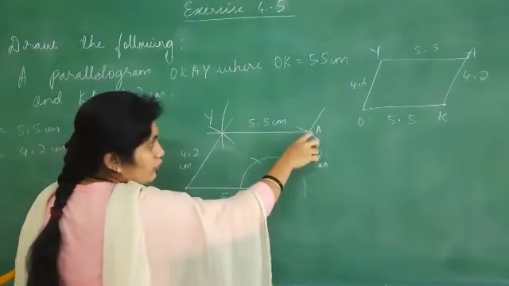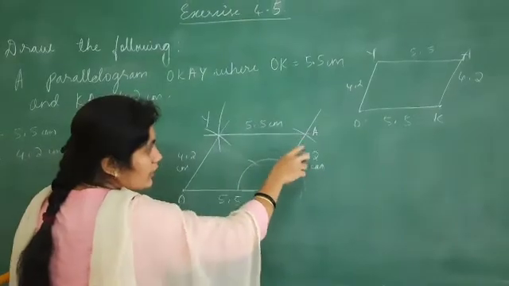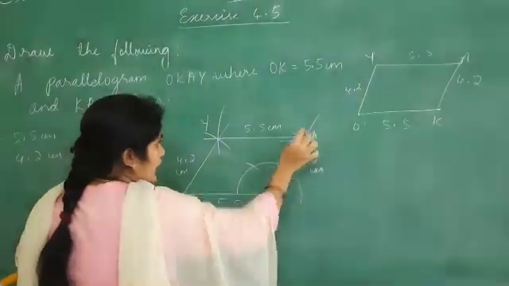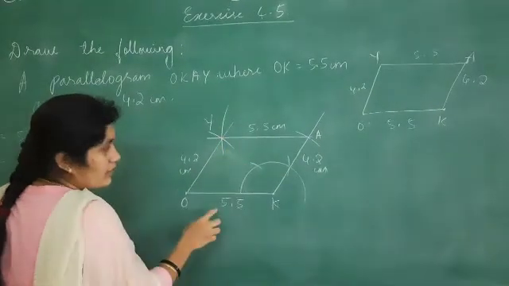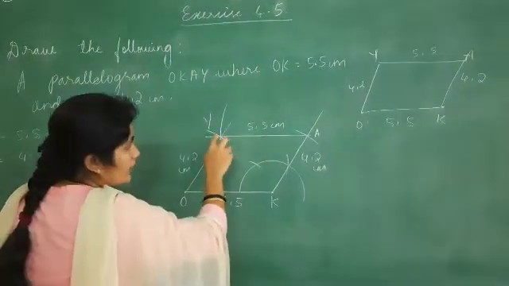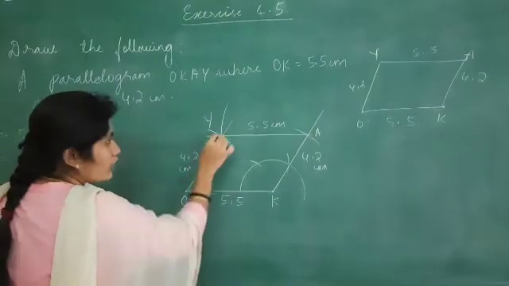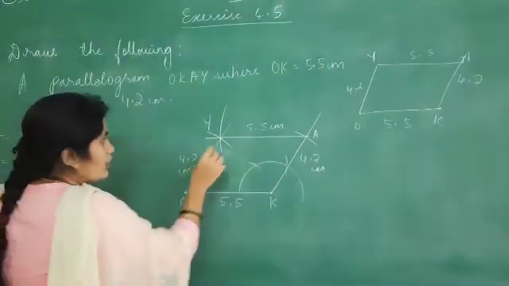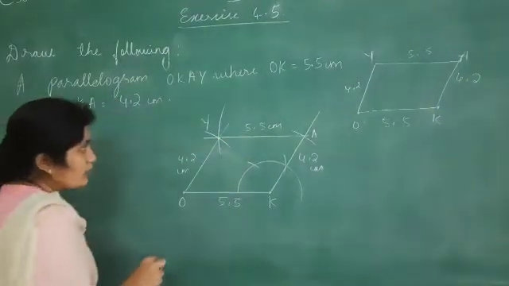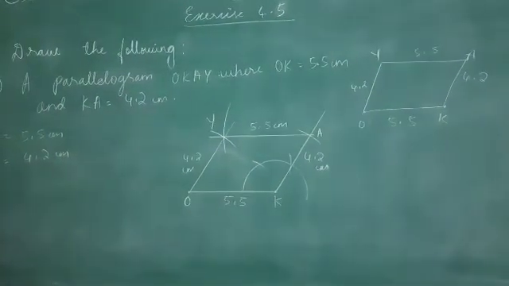Take a measurement of 4.2 using your ruler and compass, cut an arc which will give you A, and then from A take 5.5 centimeter because opposite sides are equal and parallel. Cut an arc here, and from O to Y also 4.2 because KA is opposite to OY. Draw an arc. This point of intersection will be Y. So this is the required parallelogram.